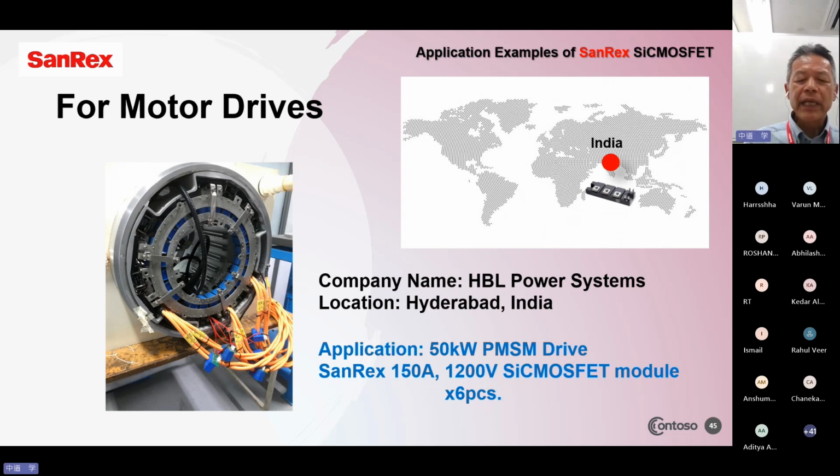The application is a 50 kilowatt PMSM drive. They use SanRex 150 amp 700 volt silicon carbide MOSFET module, 6 pieces inside. Because of the ultra low RDS(on) resistance and also the very compact package, they can put our silicon carbide MOSFET module inside the motor.